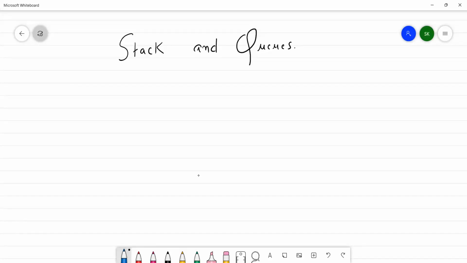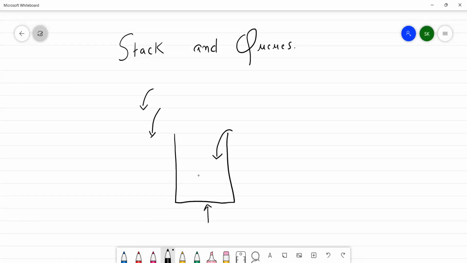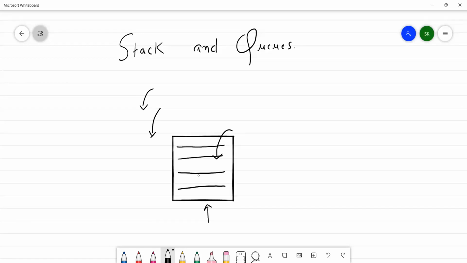You can use any type of data structure. You just keep on entering your items. Say you have a box which is closed from this end. I kept one item in it, it is filled. I entered another item, filled again, and this way the box is filled.